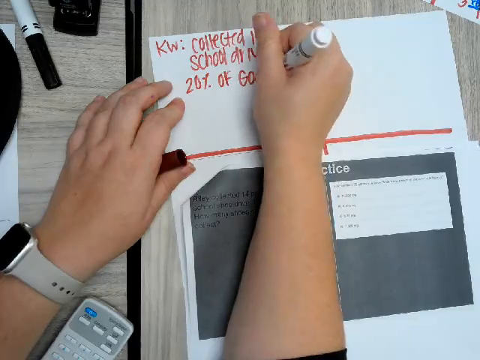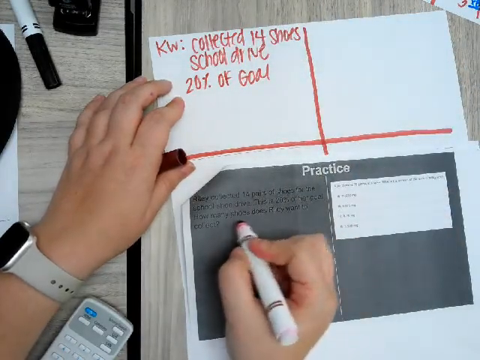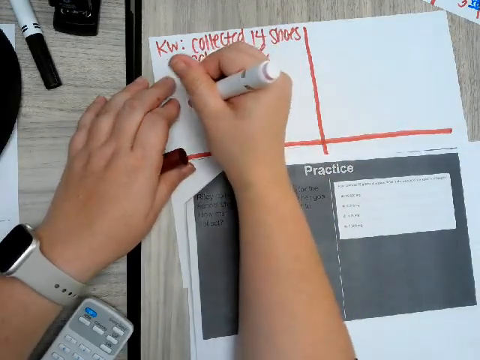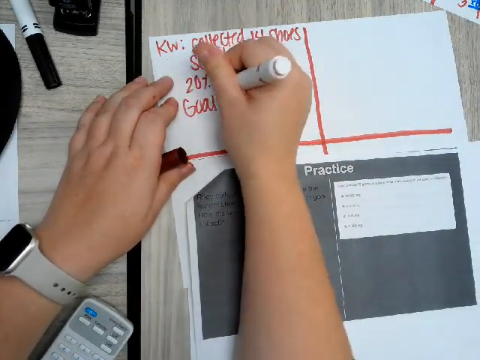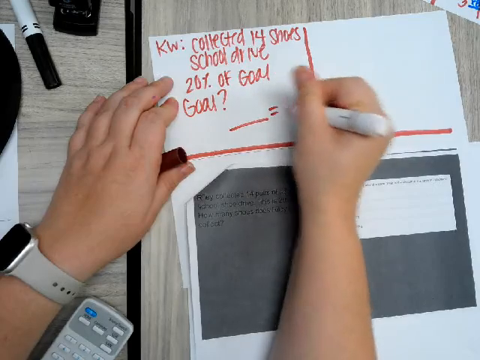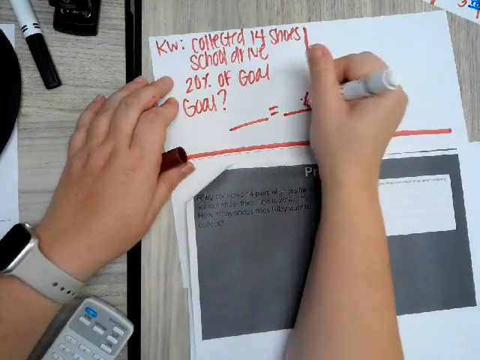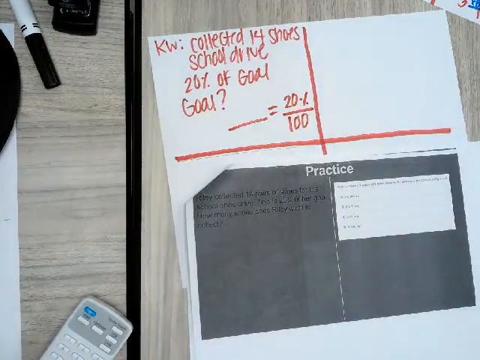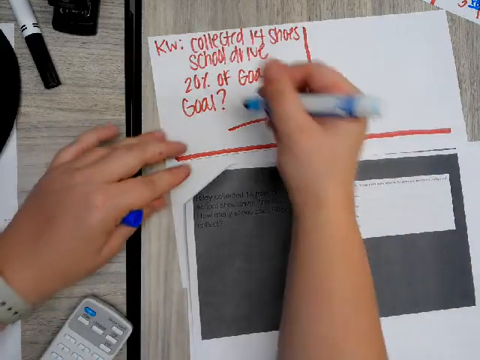How many shoes does Riley want to collect? So we're really looking for her goal. They have a percent here, so we're going to go ahead and put the percent. Remember, percents are always over 100. Remember, she collected 14 already, but we have to figure out what her goal is.